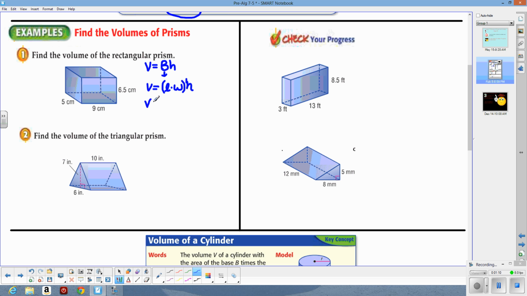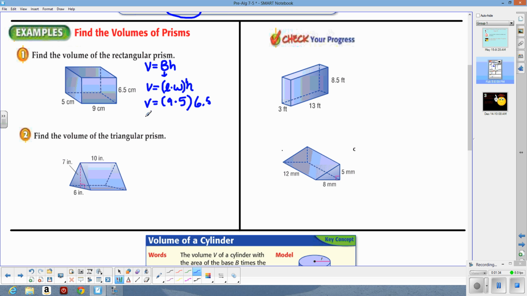So the volume, now we're going to plug in the numbers, is going to be 9 times 5. Didn't mean a decimal point, I meant multiply. 9 times 5 times the height, and the height is 6.5.